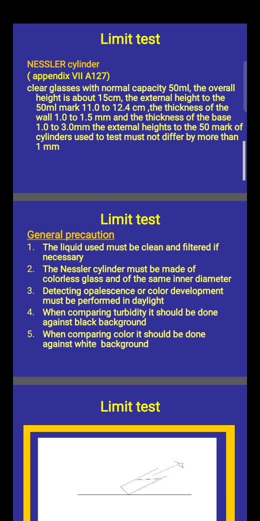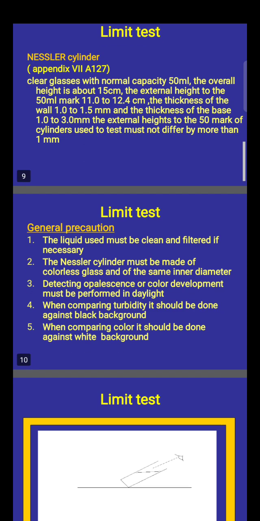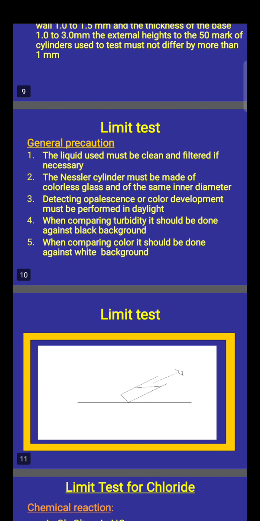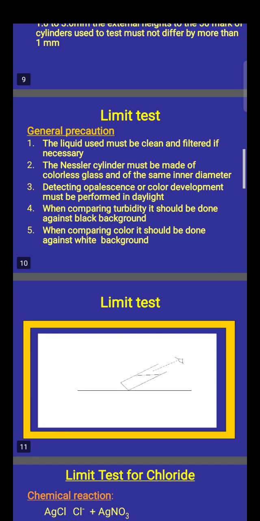In the Nessler cylinder we carry out the limit test, so general precautions are also given here. Before we start the limit test, the liquid used must be clean and filtered if necessary. The Nessler cylinders must be made of colorless glass and of the same inner diameter.